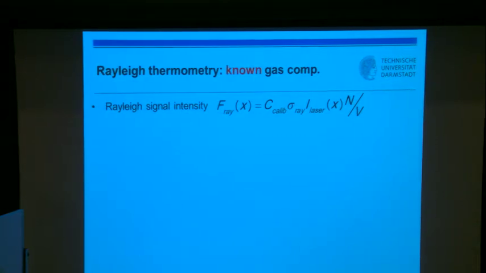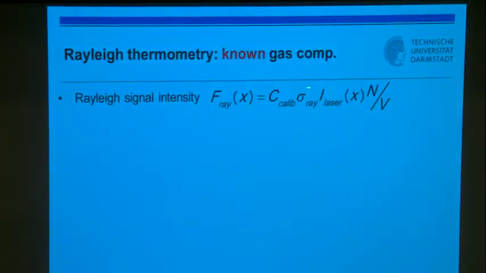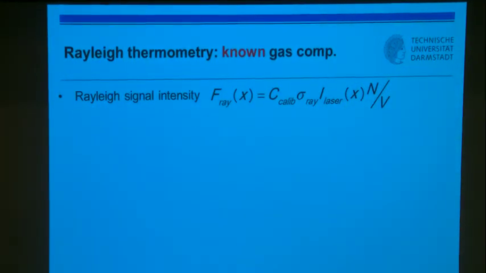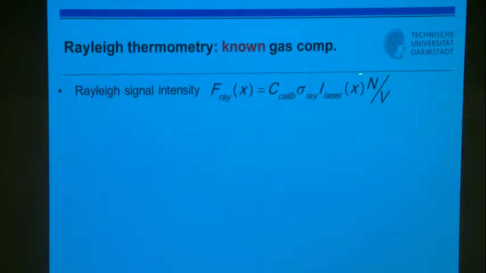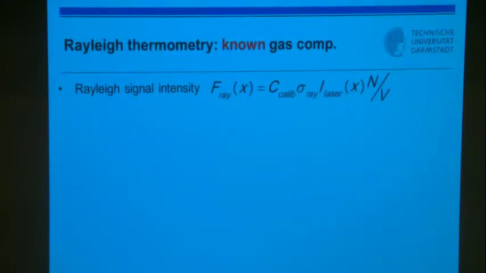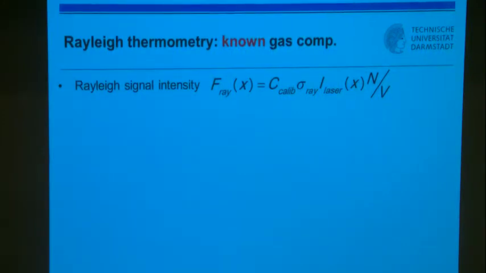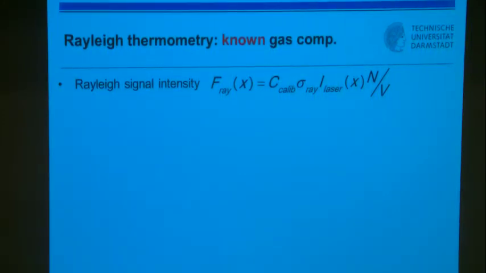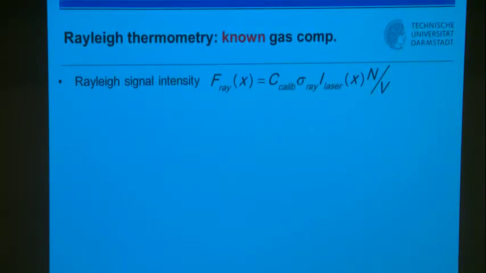And if they're less strongly bound, they can be more easily moved, and that's why in that case this cross-section would be larger. It scales linearly with the laser intensity, and this is the important point, it is proportional to the density. Yeah? And the higher the density, the higher the pressure, for example, in a constant volume, then you would have a higher Rayleigh intensity.